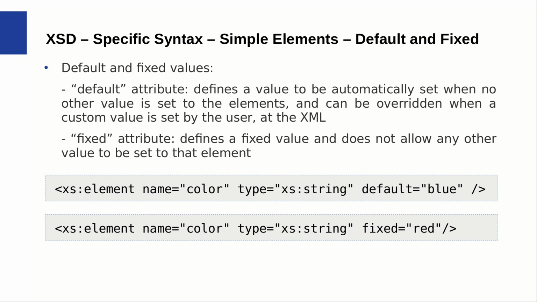So if we set the color value instead with the fixed attribute, for example, a red value, then in the XML instances that refer to this element, no other string color value would be accepted except this previously defined fixed color, red.